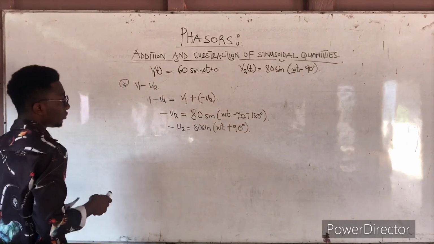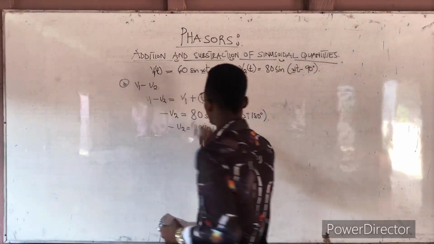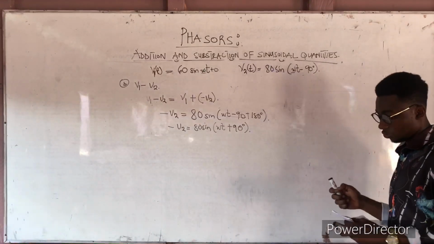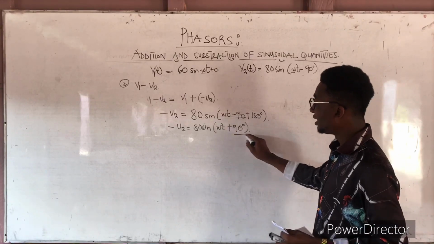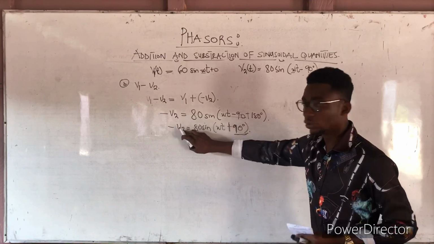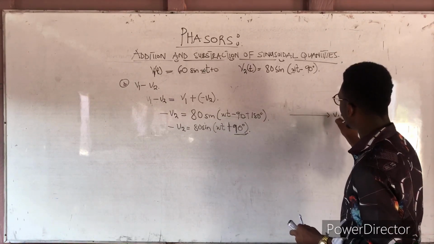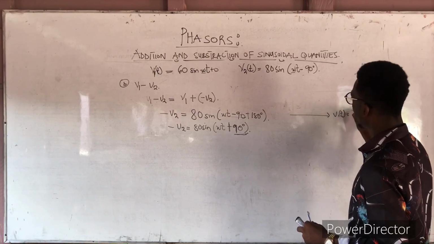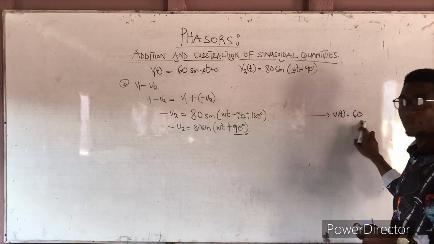Okay, so now you have to draw the phasor diagram of the two of them so that we know how we go about it. So now realize that here, this is leading by 90. It's not lagging. The minus V2 is now leading by 90. So now V1 is still in phase, 60 peak voltage.